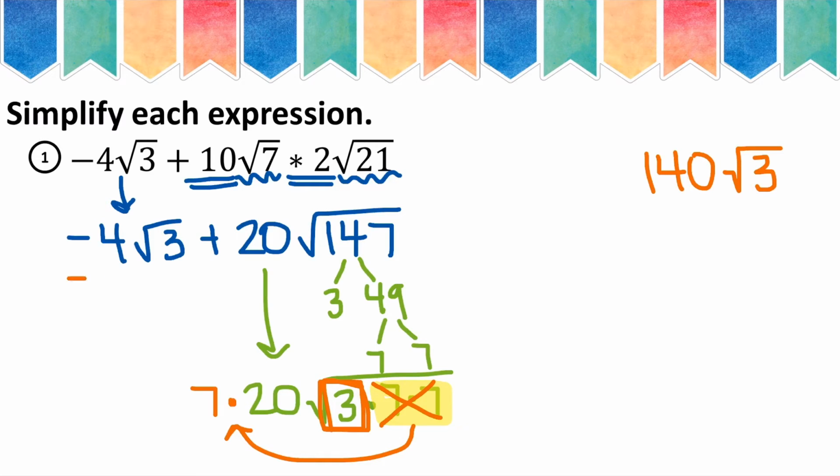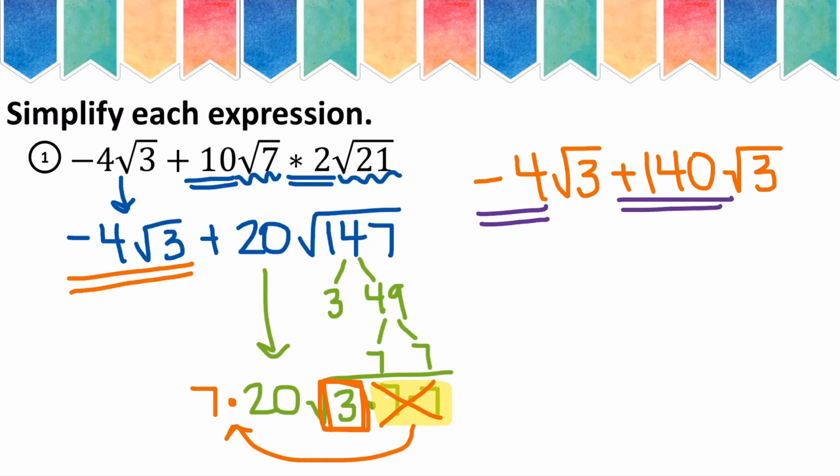Now don't forget that we had this term at the beginning, -4 square roots of 3. Now, when I look at this problem, my square root values are the same number, the square root of 3 and the square root of 3. Because they are the same, I can now combine these terms. So -4 plus 140 makes 136 square root 3.